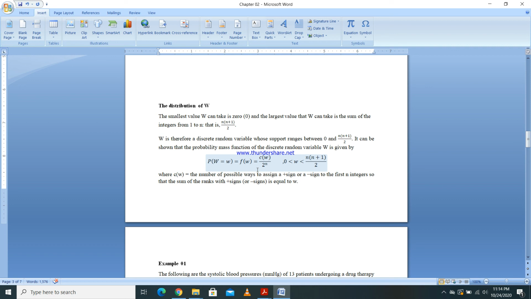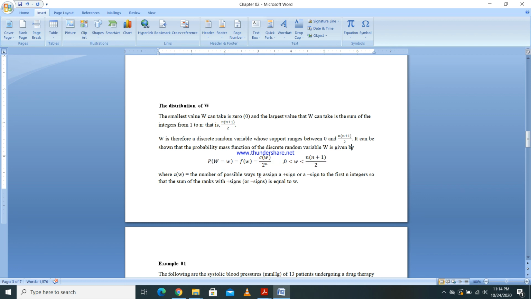If you look at the probability mass function of this discrete random variable W, you can see that it is equal to CW over 2 to power n.